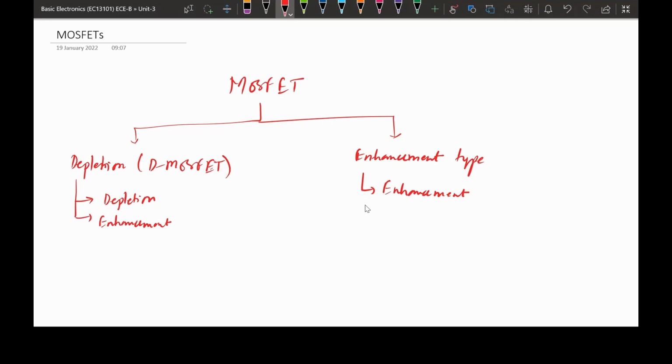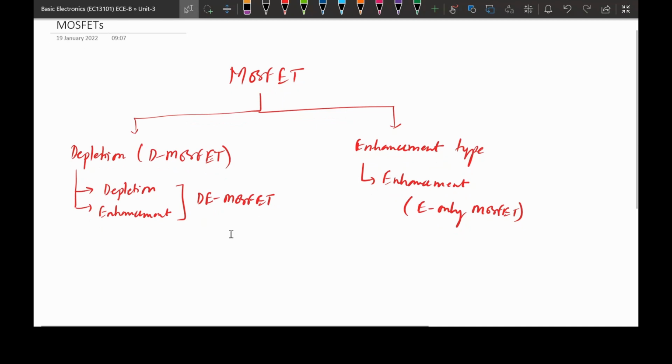That's why it is called E-only MOSFET. The depletion type MOSFET can operate in both cases, so it is also called DE MOSFET.